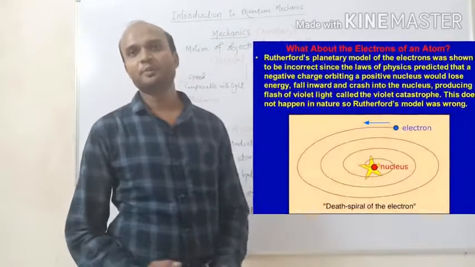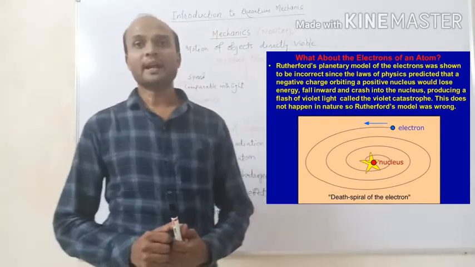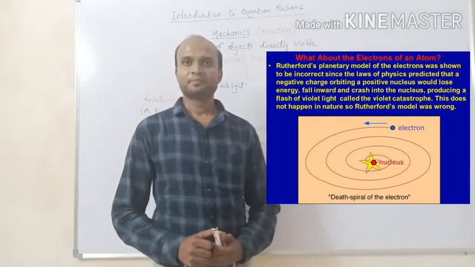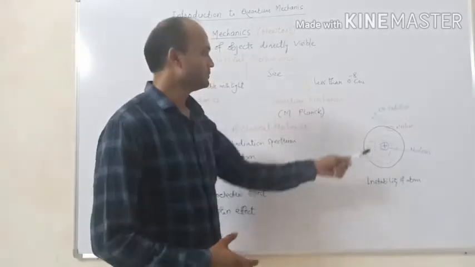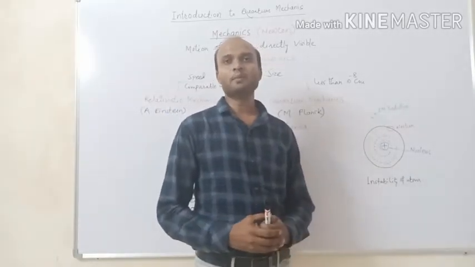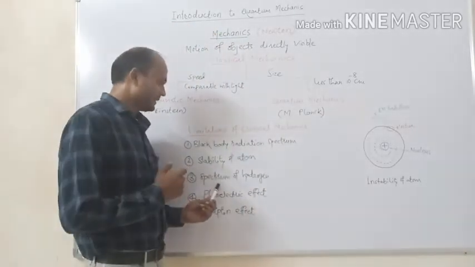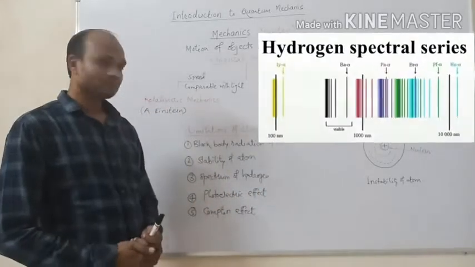So atom will not be stable, and in this way stability of the atom cannot be explained by the classical physics. Later on, by using quantum mechanics, Niels Bohr explained the stability of the atom by using the idea of stationary orbits. Alright. Then spectrum of hydrogen atom.